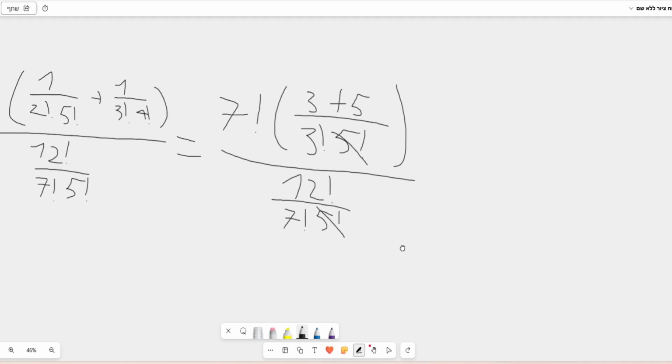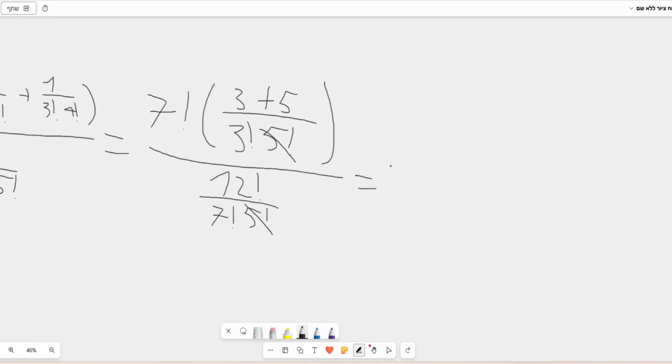This and this will cancel out. I am left with, and we can already arrange this, take this up, take this down. We're going to have 7 factorial times 8, times 8. These two can just be written as 8 factorial, right?